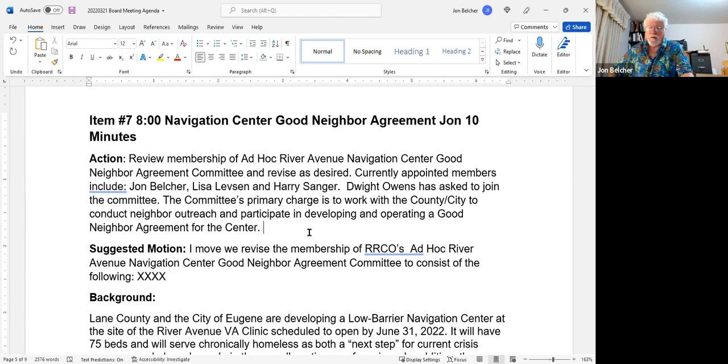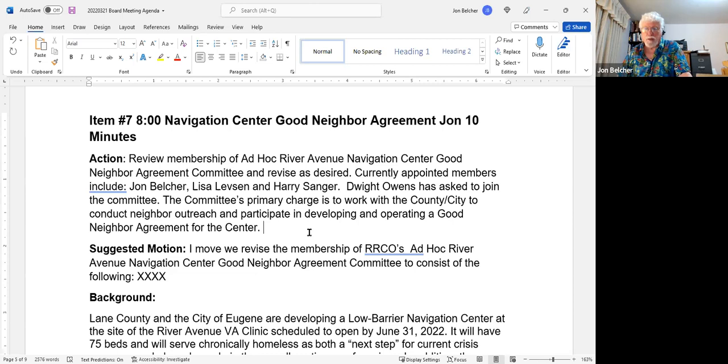It's moving forward, and by the contract it's going to be opening by June 31st of this year. In the other communities where this has been done, it has become successful because they create something called a good neighbor agreement.